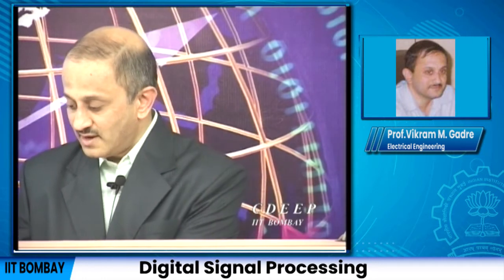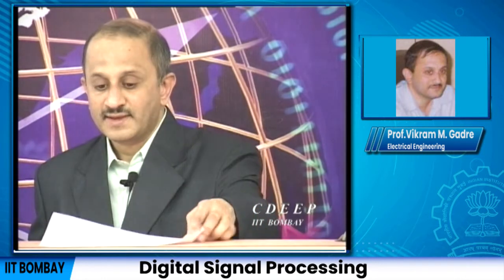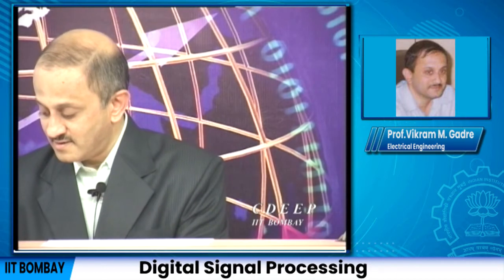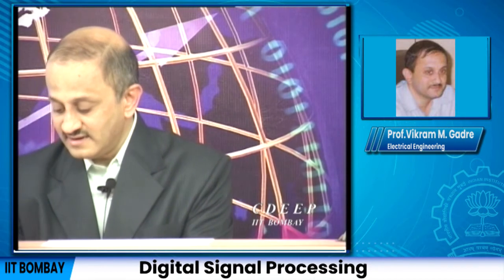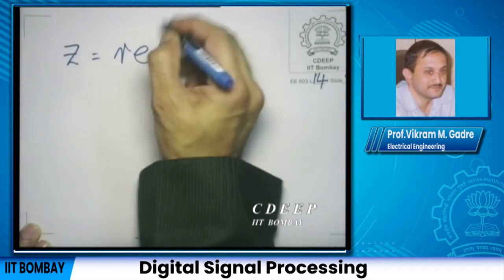Yes, there is a question. We said that z is equal to r e raised to the power j omega. Does r have any physical significance? Oh, that is a good question. We had said that z is of the form r e raised to the power j omega.